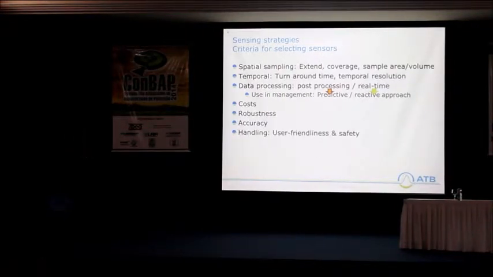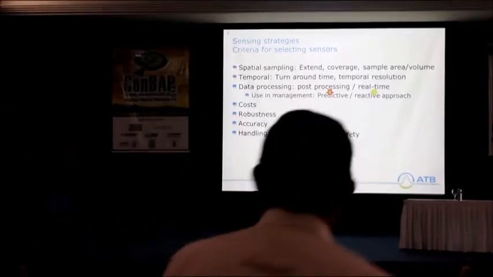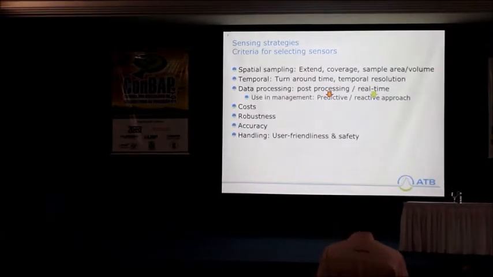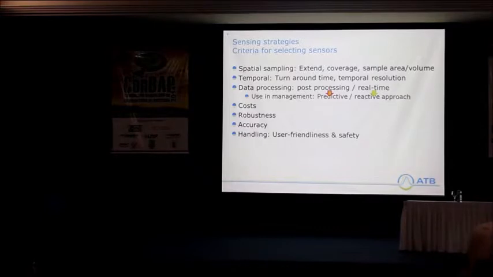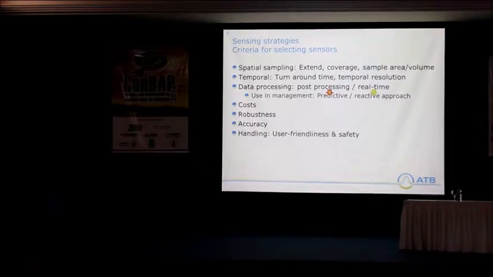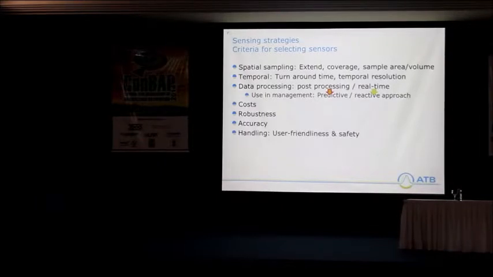For selecting sensors according to the sampling strategies, you have to regard the extent, the coverage, and the sampling area or volume that is sensed by a sensor. You need to regard the turnaround time, that is the time between making the observation and getting the data.